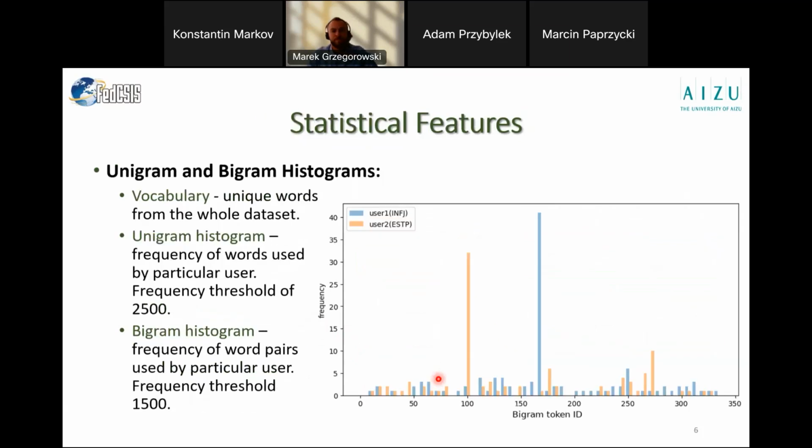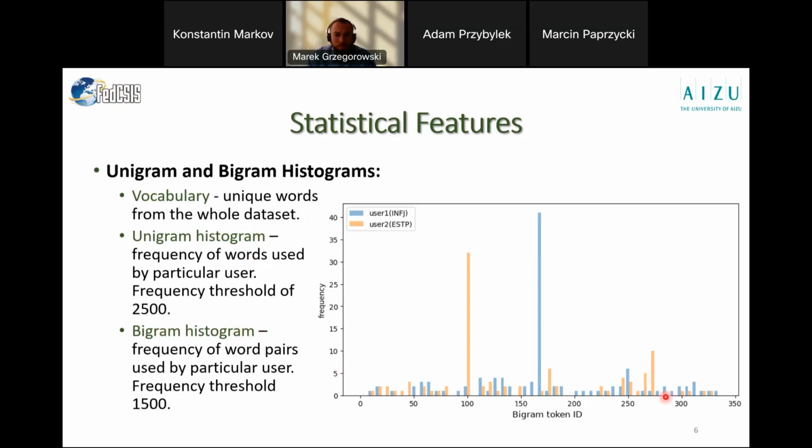So what kind of statistical features do we extract from the data? Everybody who has done some work in natural language processing is familiar with unigram and bigram. So we extract a unigram histogram and bigram histogram for each speaker, and we use them as a feature vector.